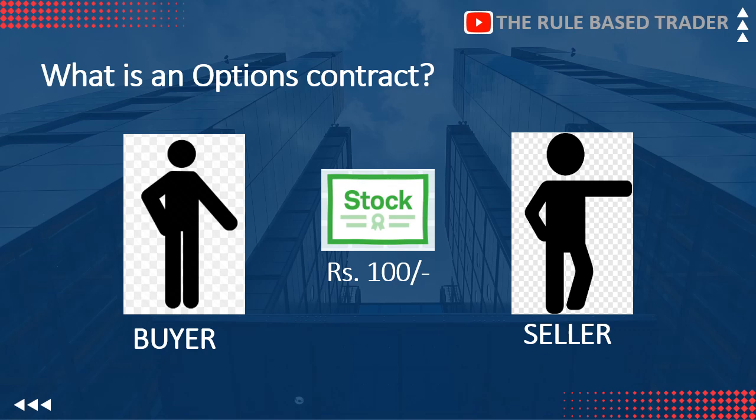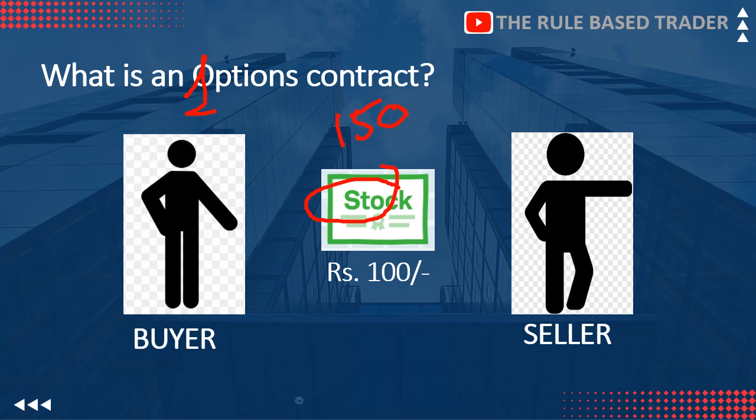Scenario number 1. Suppose the stock price goes to 150 rupees within the specified time period agreed between the buyer and the seller as per the options contract.